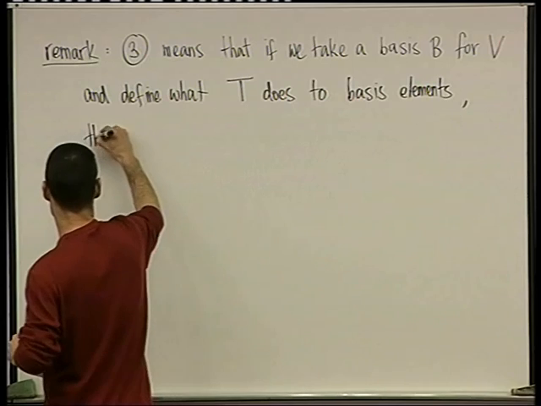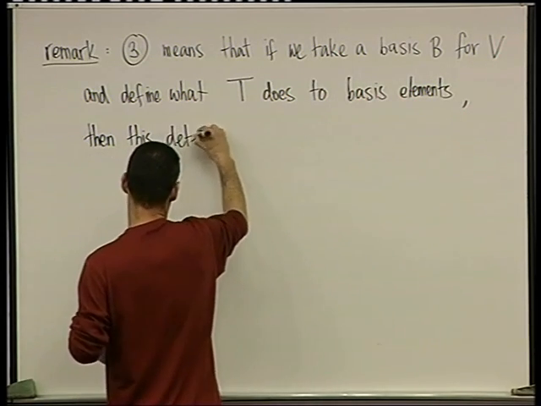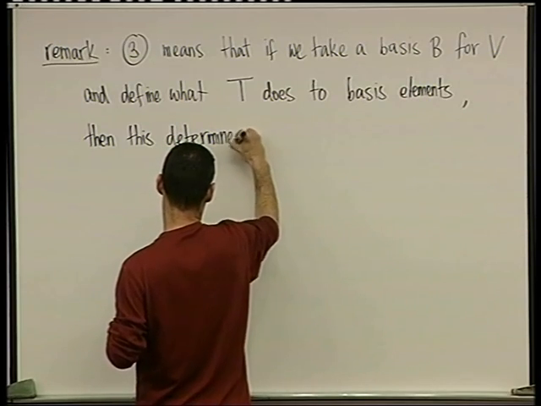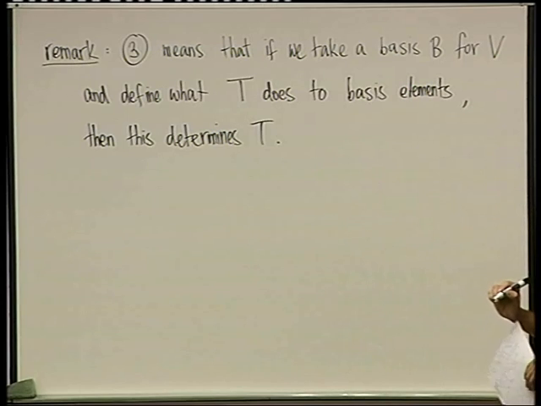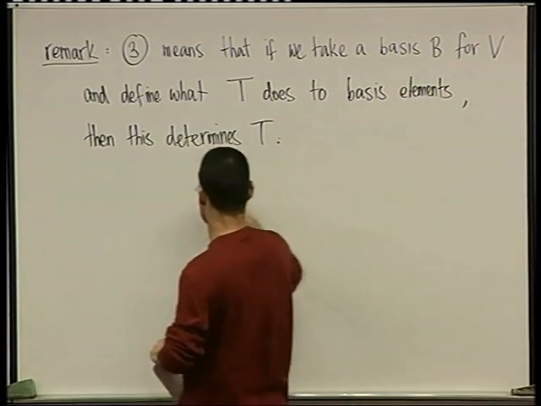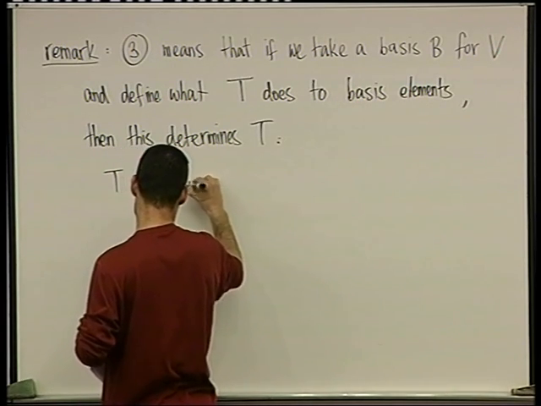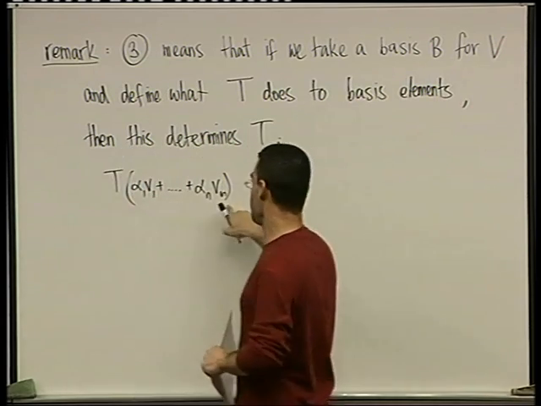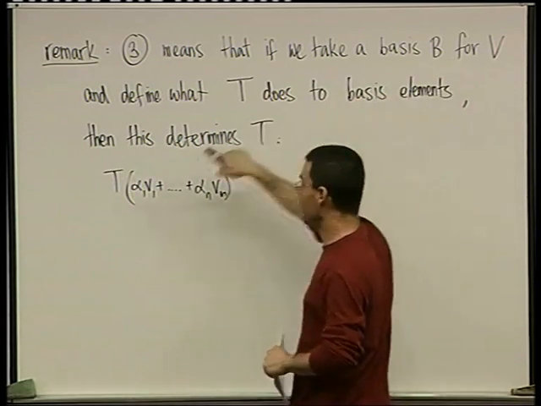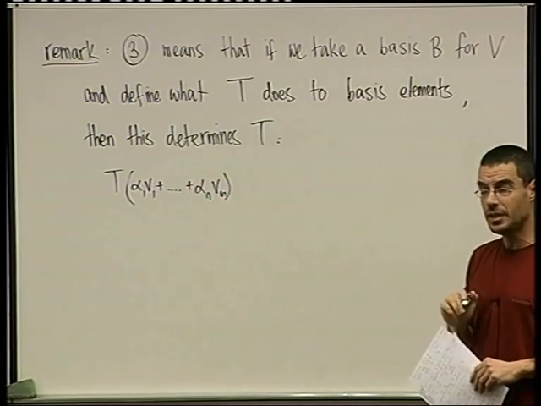Then this determines T. It fixes T. There's only one T that does that. Okay? How? T of alpha 1 V1 plus ... alpha n Vn, right? V1 through Vn are the basis elements. Take a linear combination, that's a general element, just like in the example.